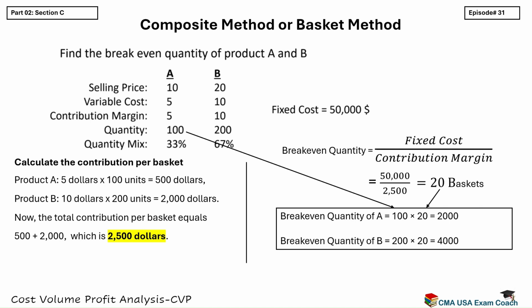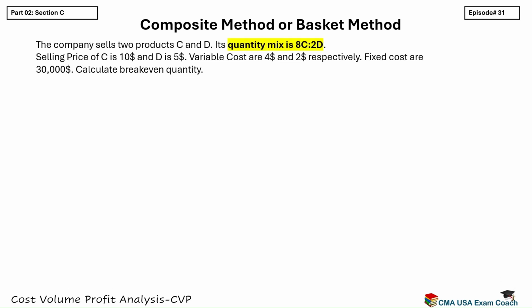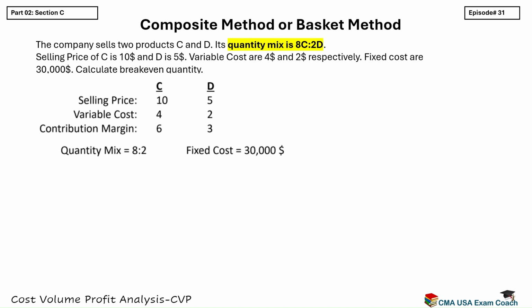Let's now solve another break-even question using the composite method, where the quantity mix is given directly. In this case, the company sells two products, product C and product D, in a quantity mix of 8:2. Let's go through the data. Selling price of product C is $10. Variable cost of product C is $4.